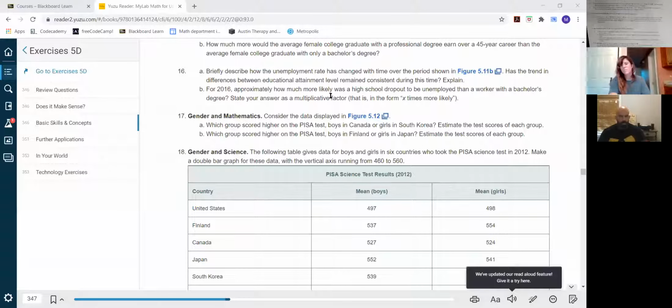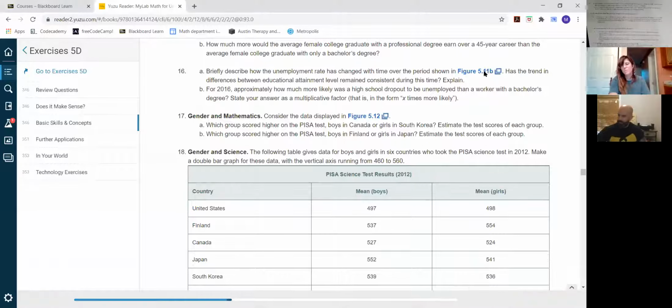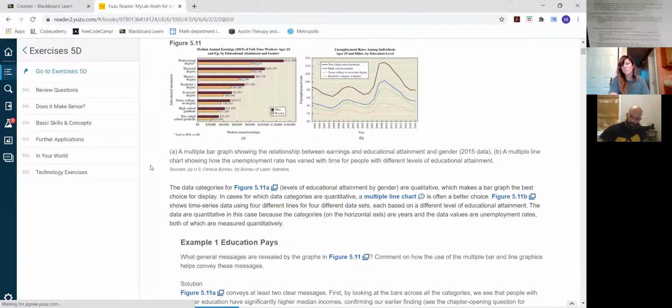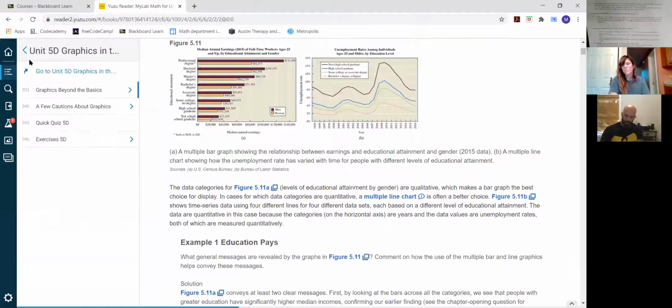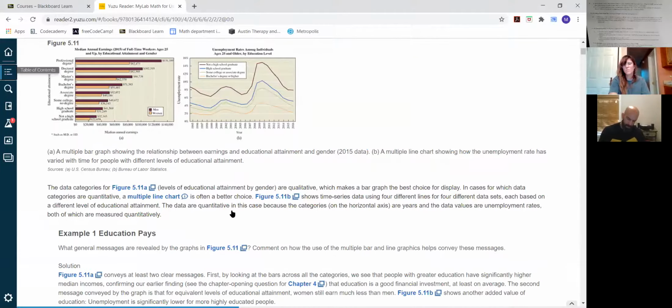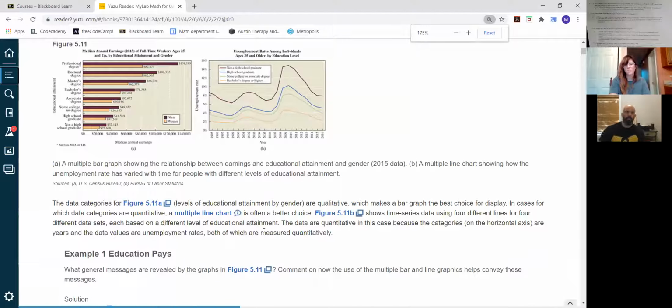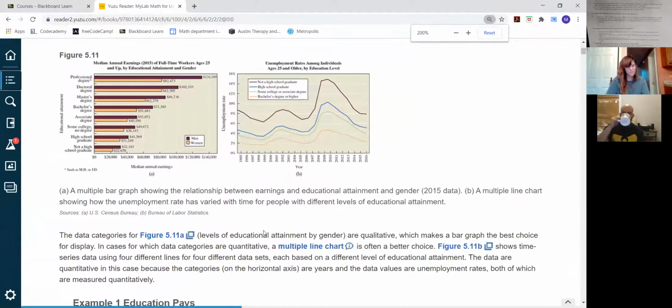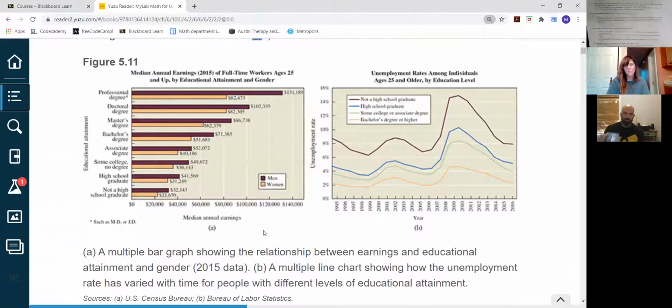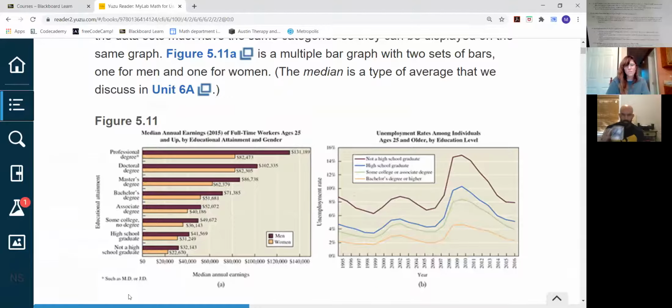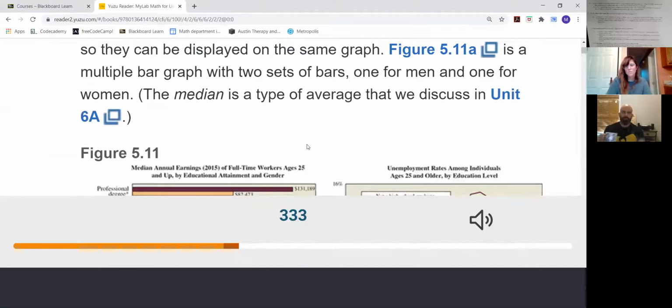And where am I going? 16. They want us to look at this figure, so let me see if I can make it larger. Are the numbers going to get larger, or are they just going to get blurrier? That's the question. What is the resolution here? Okay. Can y'all see that fairly well? Ah, stop it.